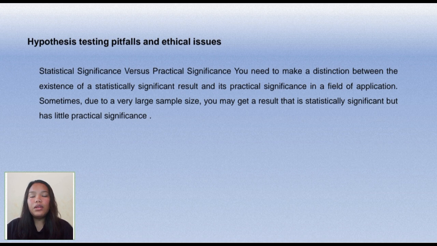Sometimes, because of a large sample size, we may get a result which is statistically significant but has little practical significance. So for example, a campaign with an expensive television commercial has a result of 0.30, or 30% of people recognizing the brand.